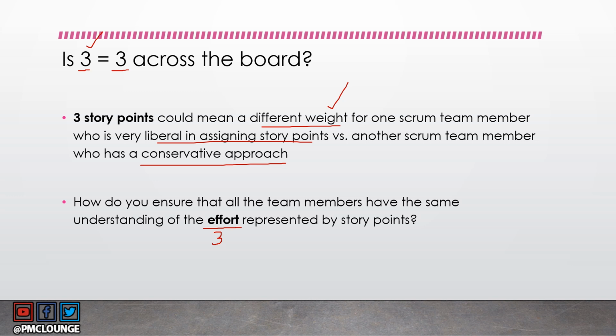Because like I said earlier, someone who's very liberal in assigning story points may think 3 is a relatively lower number, but someone who has a conservative approach may see 3 as a relatively higher number. So how do you ensure that everyone has the same understanding of the effort required when they see the story points number, right? That's the crux of the question here.